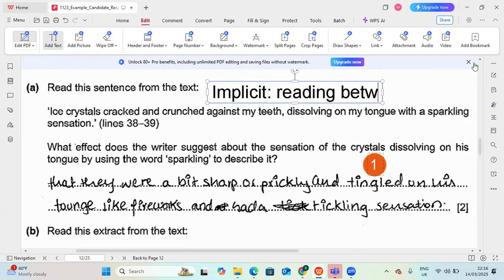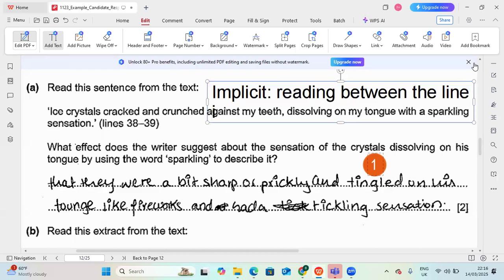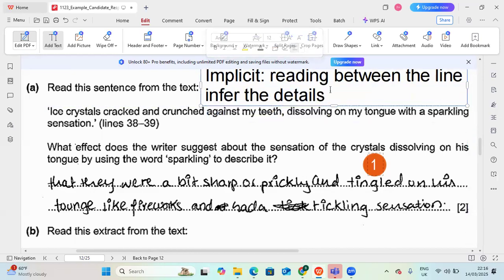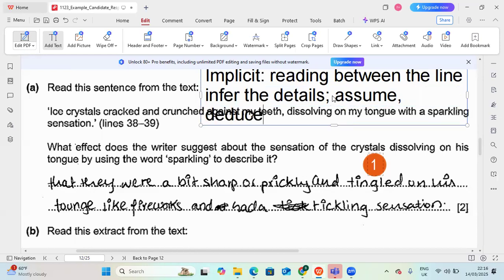As a result of reading between the lines, you infer the details, and then you assume, or deduce. So my answer is correct, right? Yes, to some extent. Assume, deduce information.